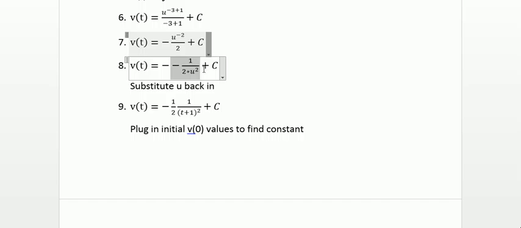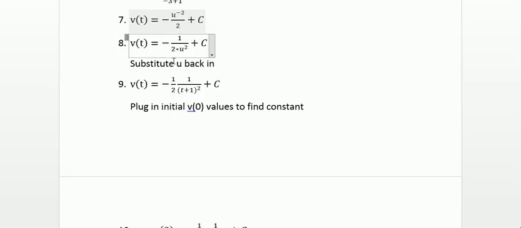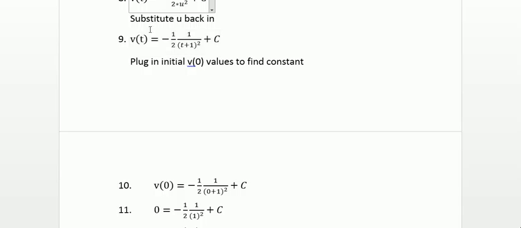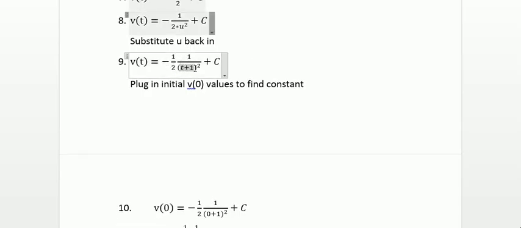Then I move the u to the bottom just to have it more exact. Anyways, so you can substitute u back in. So we substitute in t plus 1, and I just brought this negative 1/2 out.